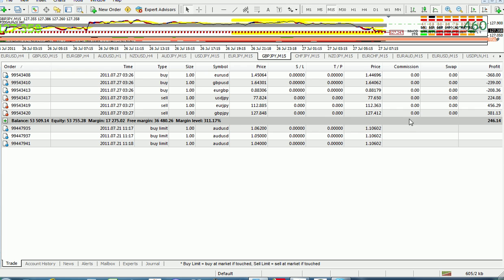So if we were putting on a trade of a sell, because sell is the strongest trade on these currencies here, we would order 1 sell. I don't want to do this at this stage until we introduce a few other things.